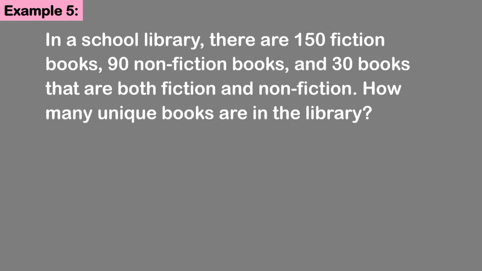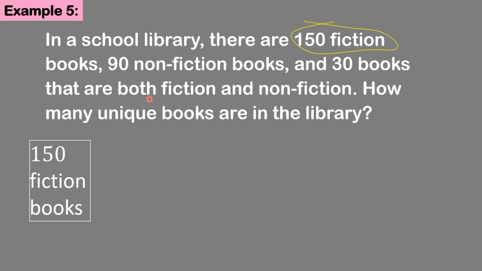Number 5. In a school library, there are 150 fiction books, 90 non-fiction books, and 30 books that are both fiction and non-fiction. How many unique books are there in the library?